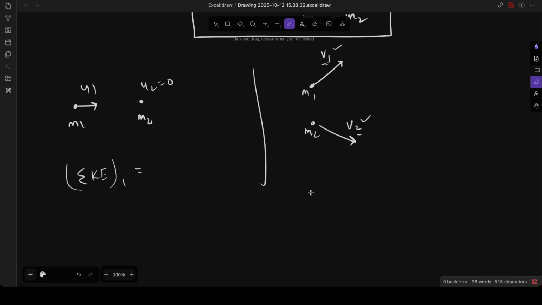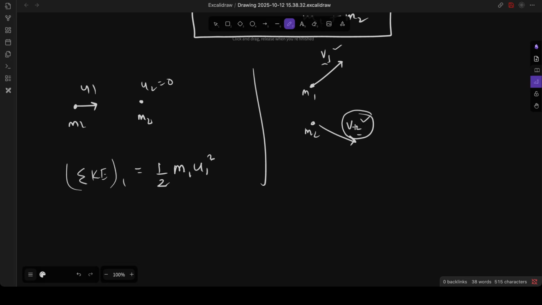Now in your exam, if there is a case where they're asking you to figure out whether this is an elastic or inelastic collision, we should not use the formula of kinetic energy as half m1 u1 squared, because we have to figure out v2, for example.